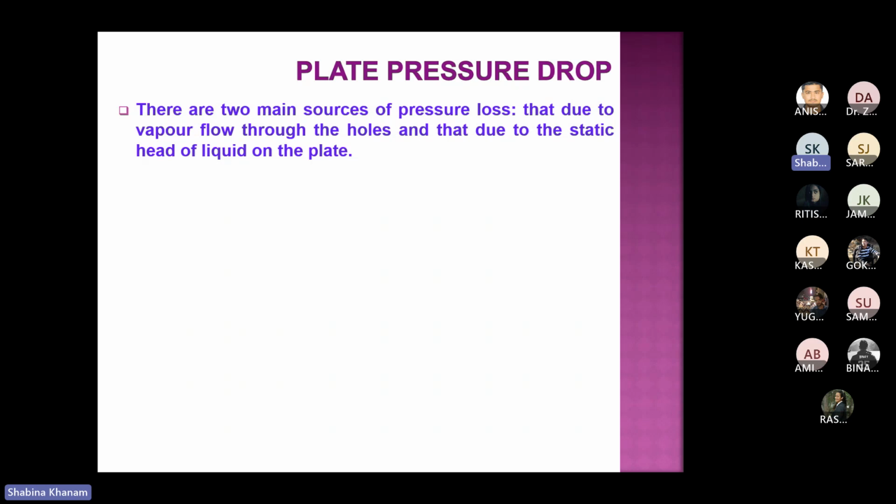So the main source of pressure drop is vapor passing through the holes, which we consider as dry plate condition. Secondly, it is due to the static head of the liquid over the plate.